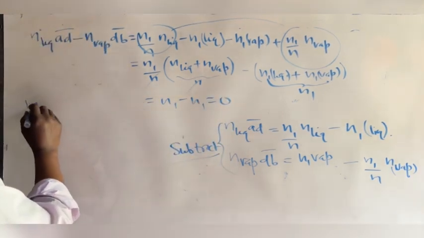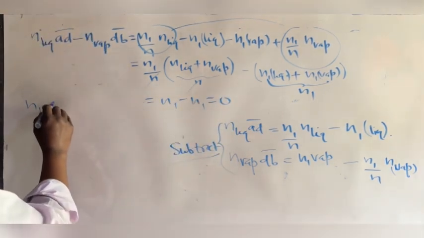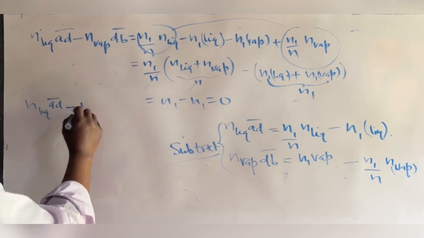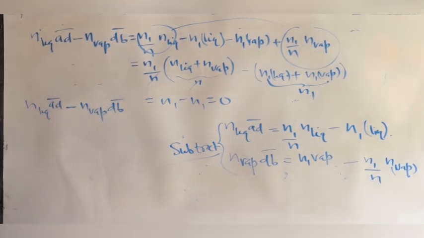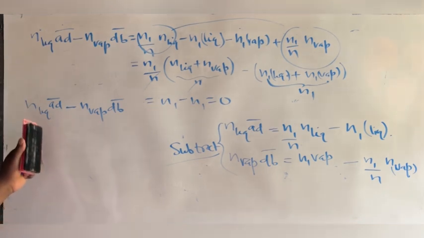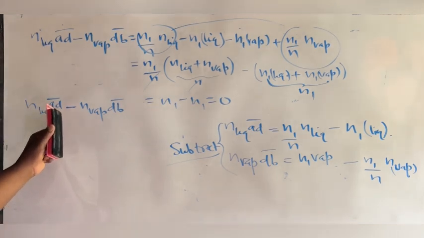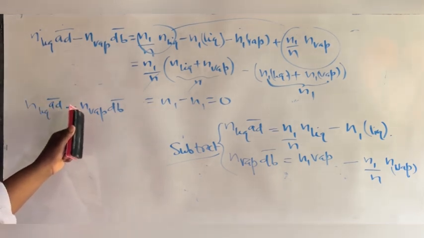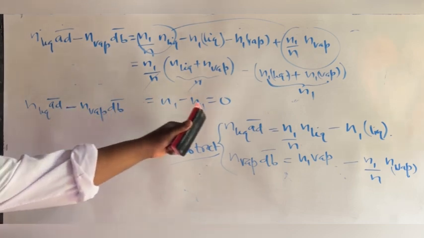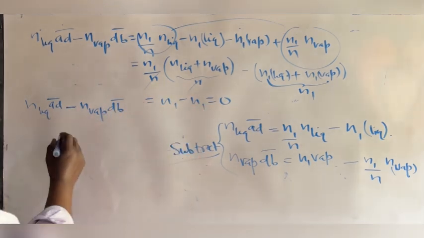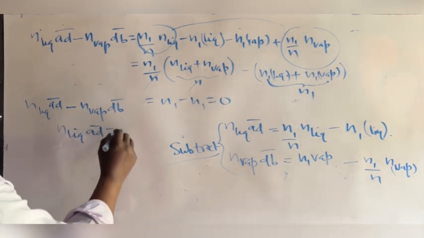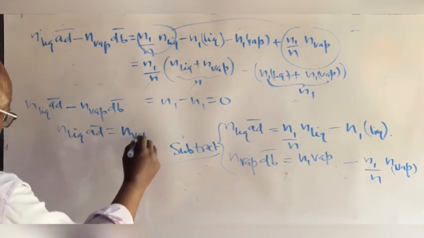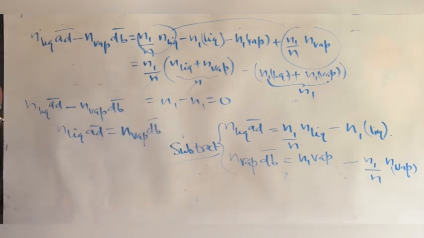And this is N liquid AD minus N vapor dB bar. So, N liquid times the length of the segment AD minus N vapor dB is equal to 0. We can just rearrange them so that we have N liquid AD is equal to N vapor dB.